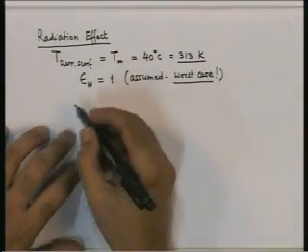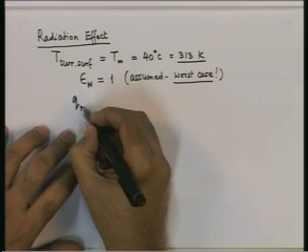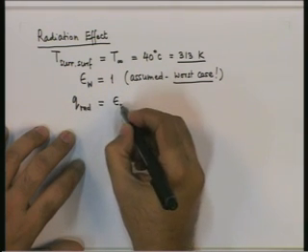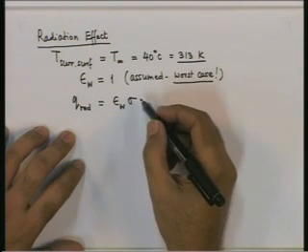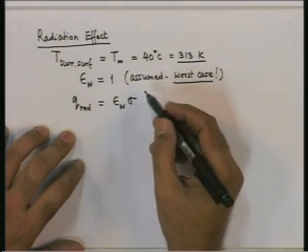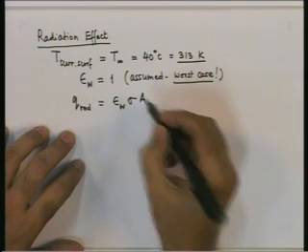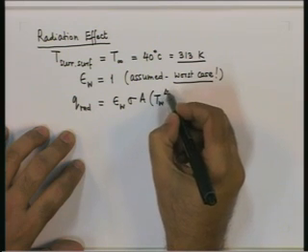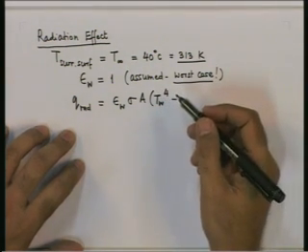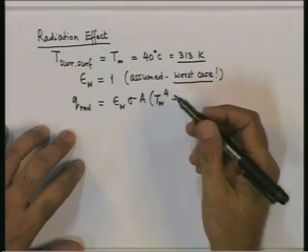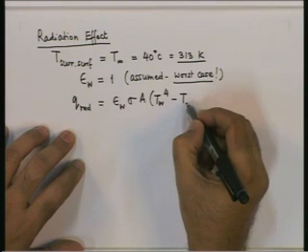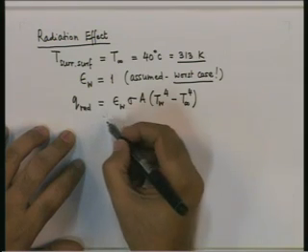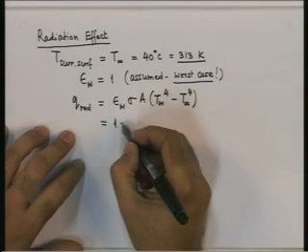Now, with these assumptions, our heat transfer by radiation will turn out to be the wall emissivity, sigma, which is the Stefan-Boltzmann constant, multiplied by area of the plate, multiplied by the wall temperature raised to 4 minus the surrounding surface temperature raised to 4. We have assumed that to be T infinity, so this gets T infinity raised to 4. We have assumed this to be 1.